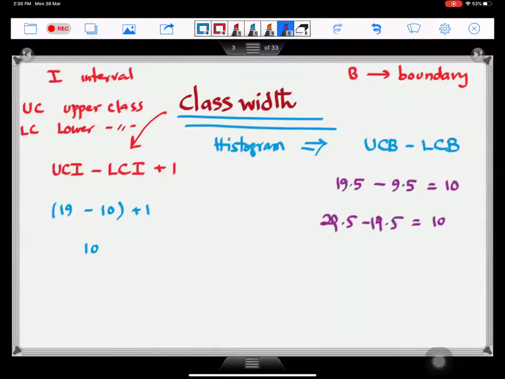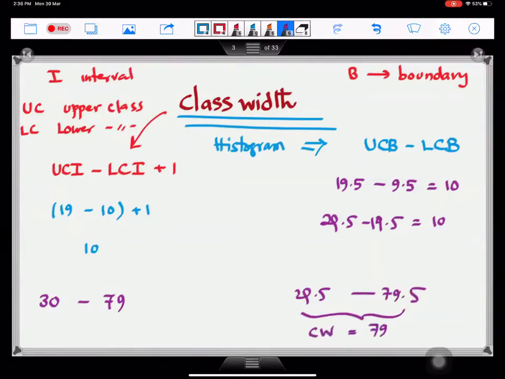For example, there was a class interval 30 to 79. So 30 to 79 would become 29.5 to 79.5. Therefore, the class width would be 79.5 minus 29.5, which comes out to be 50. So that should be calculated.